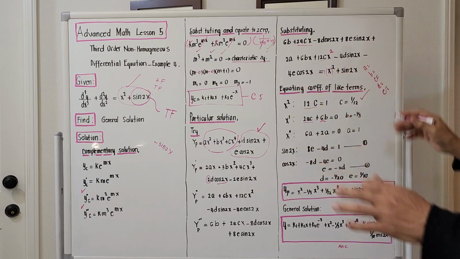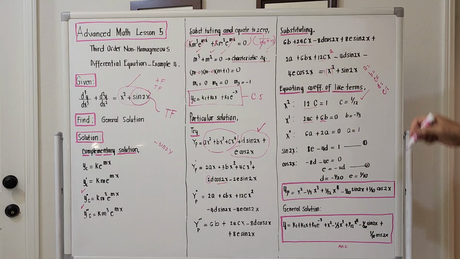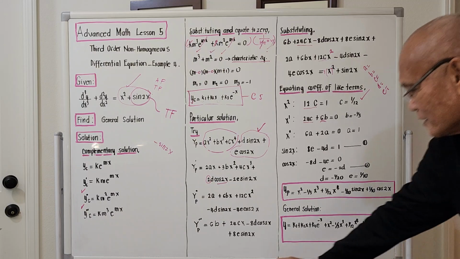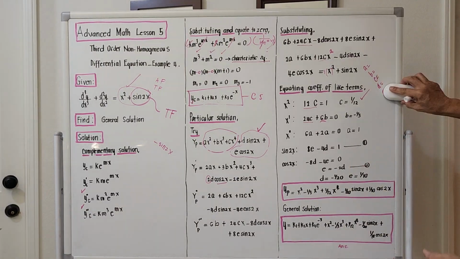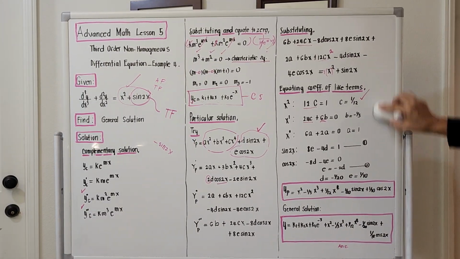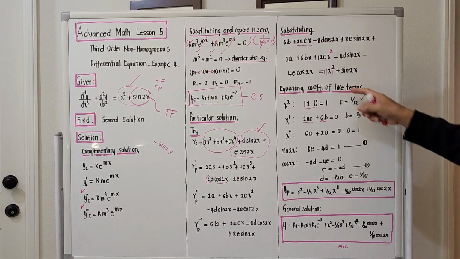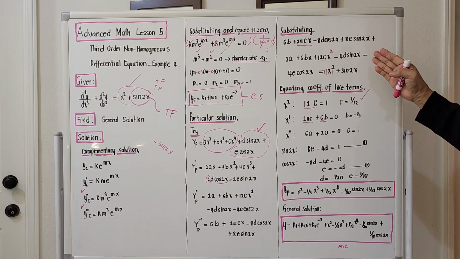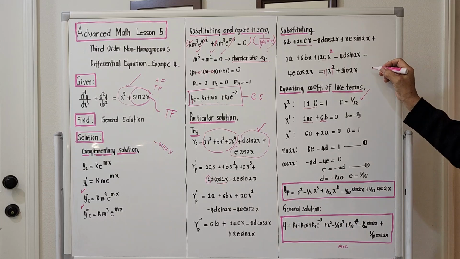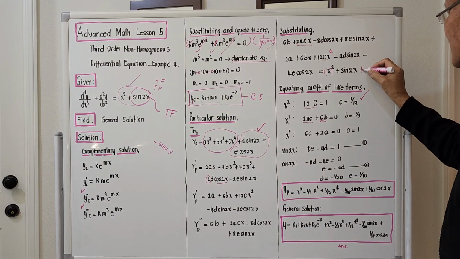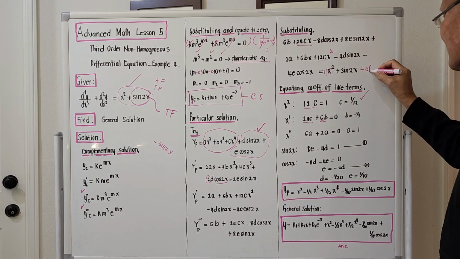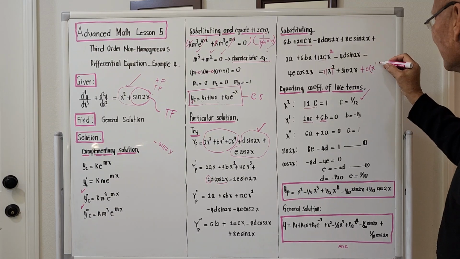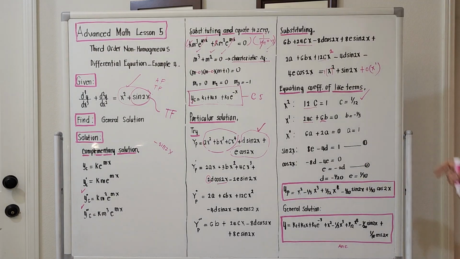On the right hand side, we don't have a term with an x. It's only x squared here and sine of 2x. We can write plus 0 times x to the first, because 0 times x to the first is 0.